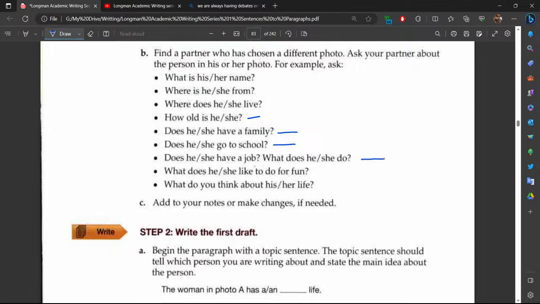Or what does she do? What does she like to do for fun? What do you think about her life? Add to your notes or make changes if needed.